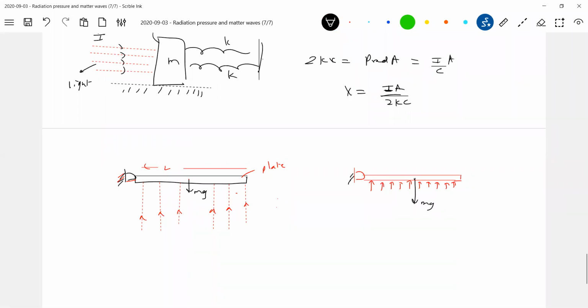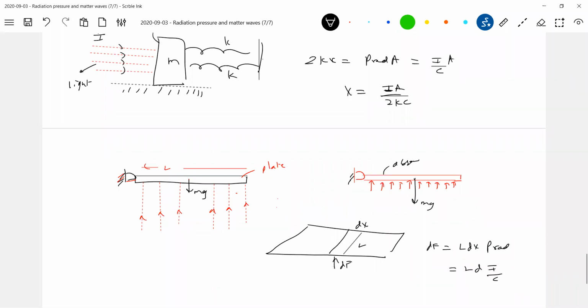Then you take a small strip of the plate. Let the force acting here be df, let this be dx, this is L. Calculate the force acting on this. df is equal to L dx into radiation pressure. Let it absorb. What is the radiation pressure? L dx I by C.